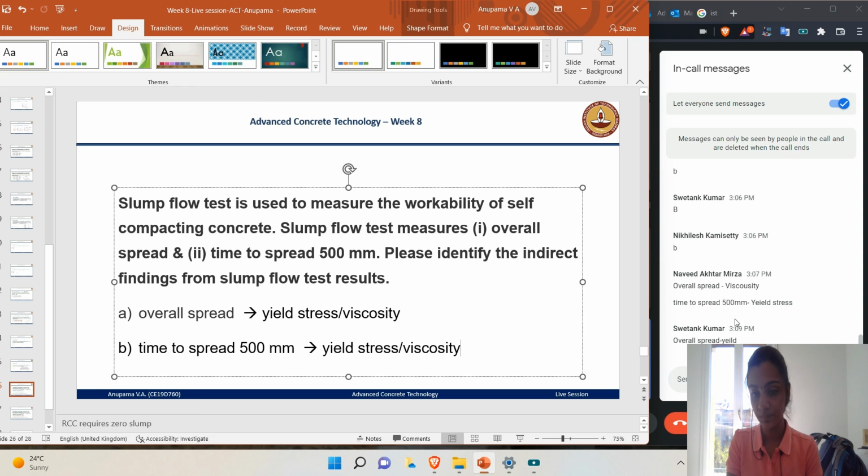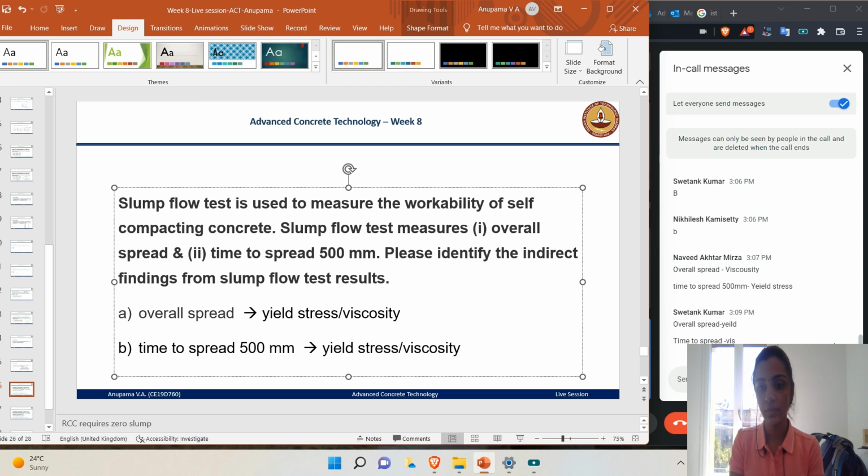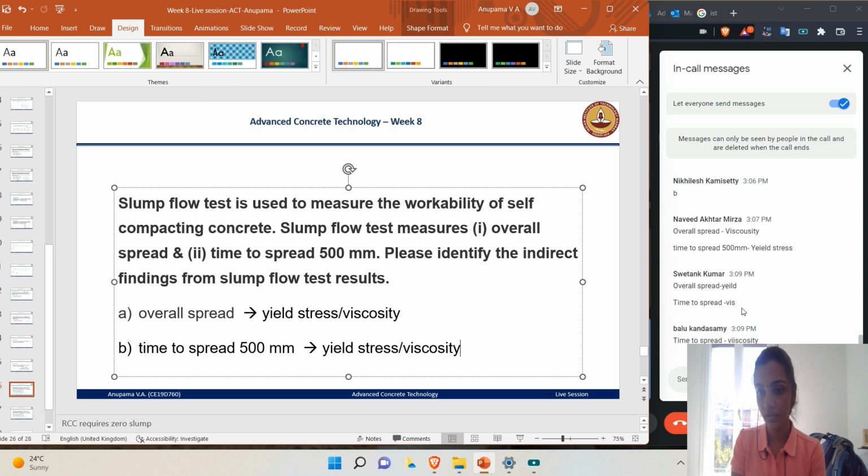Okay, Shwetank. Overall spread is yield and time to spread also yield, or time to spread is viscosity. Okay, so time to spread is viscosity. Okay, thank you, Shwetank.